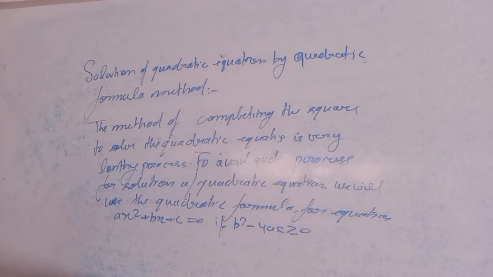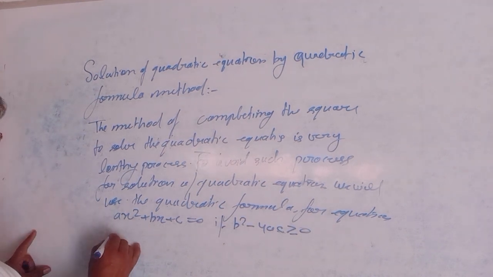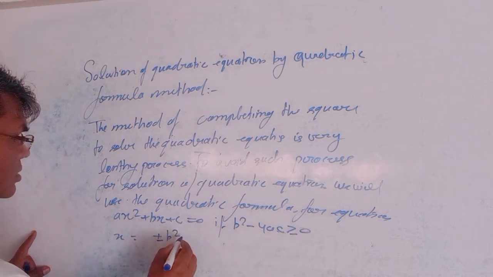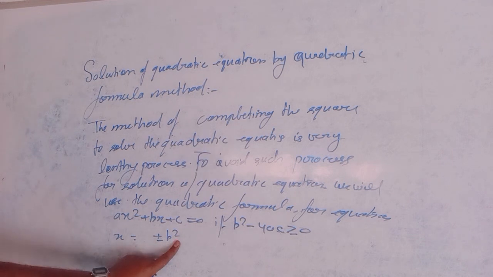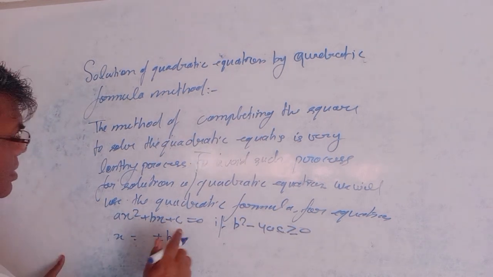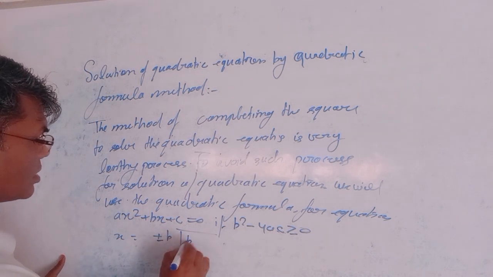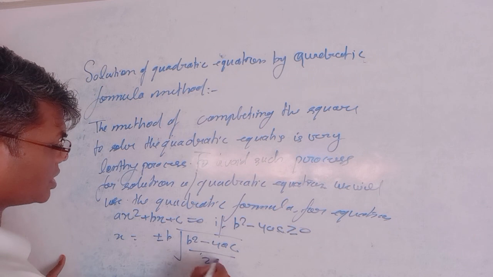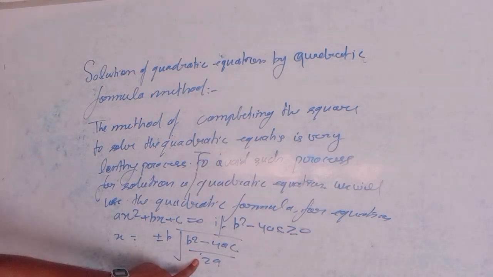So the formula here is x is equal to minus b plus minus under root b square minus 4ac by 2a.